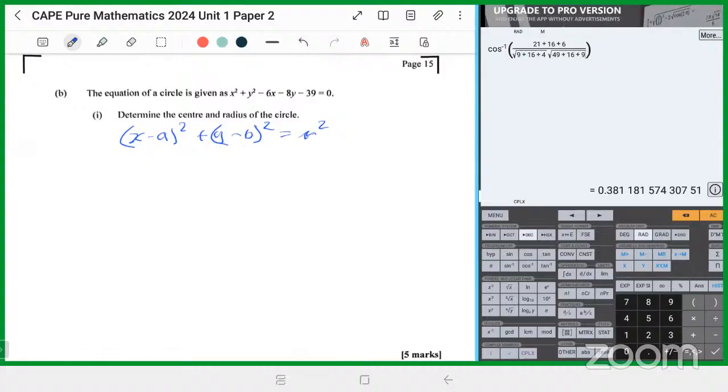When it is in this form, (a, b) is the center and r is the radius. So what I want to do is form those perfect squares from this.